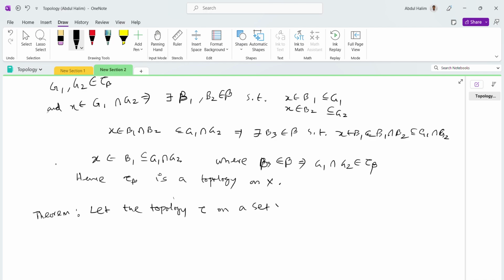Again, the most popular theorem, another theorem.